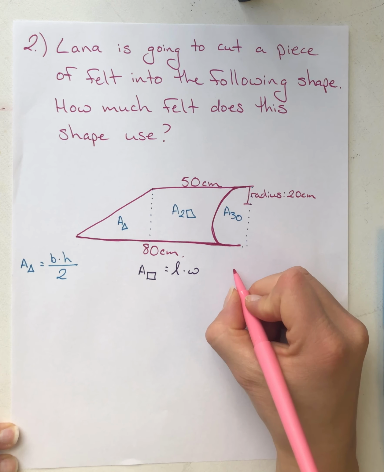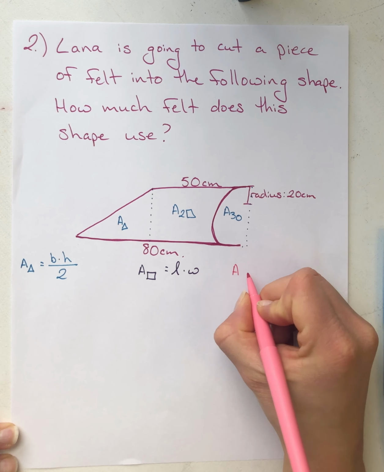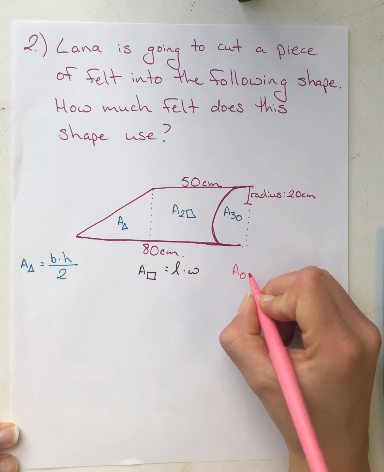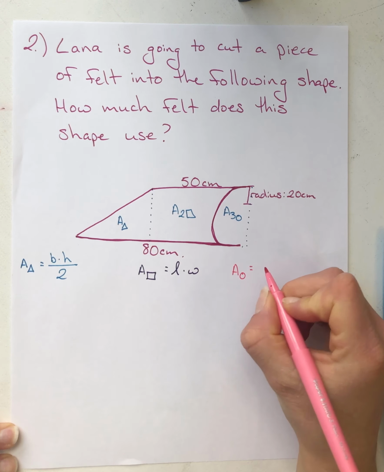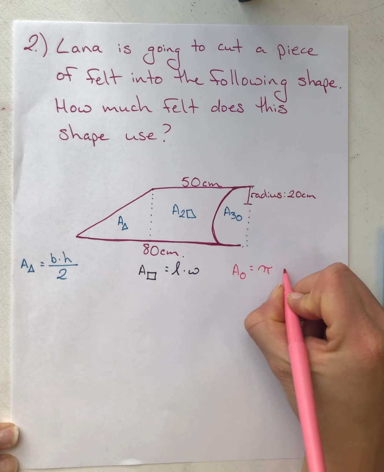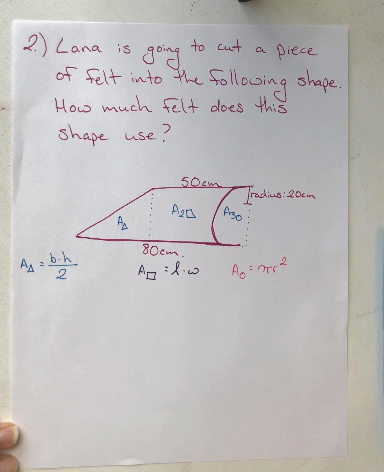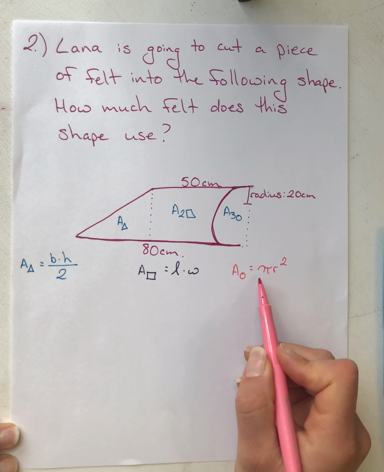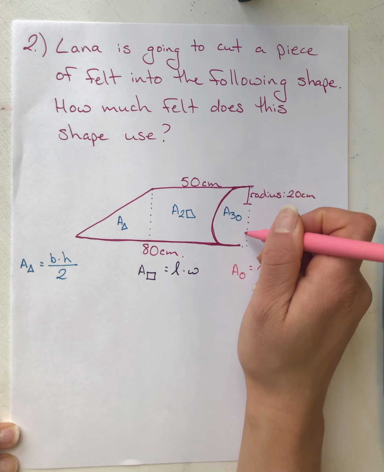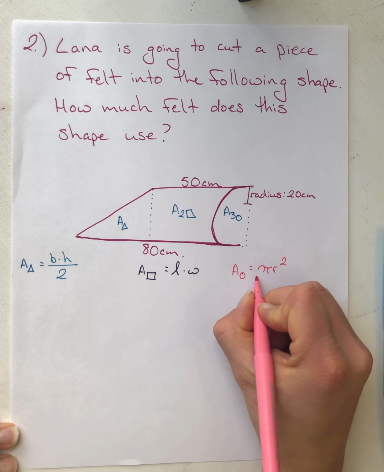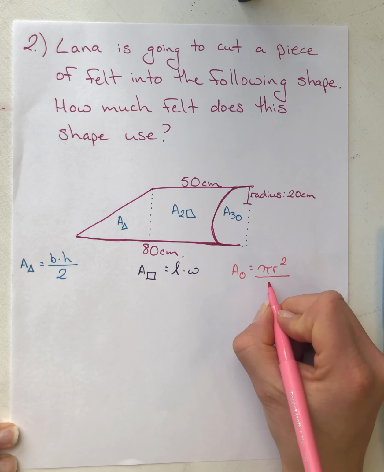And then the area of our semicircle, I'm going to do a full circle here for now, is going to equal pi r squared, because that's the area of a full circle, but because we're only going to need half of it, we're then going to divide the full thing by 2.